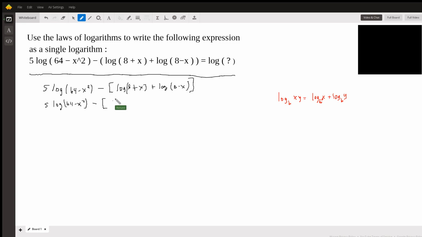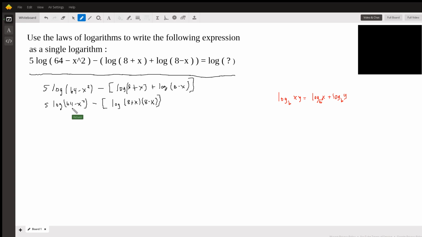You can write this because the bases are the same, the bases are 10 in both cases. Notice you have to have the same base throughout. Now we can write this as the log of 8 plus x times 8 minus x. So that's the first property that gets used.